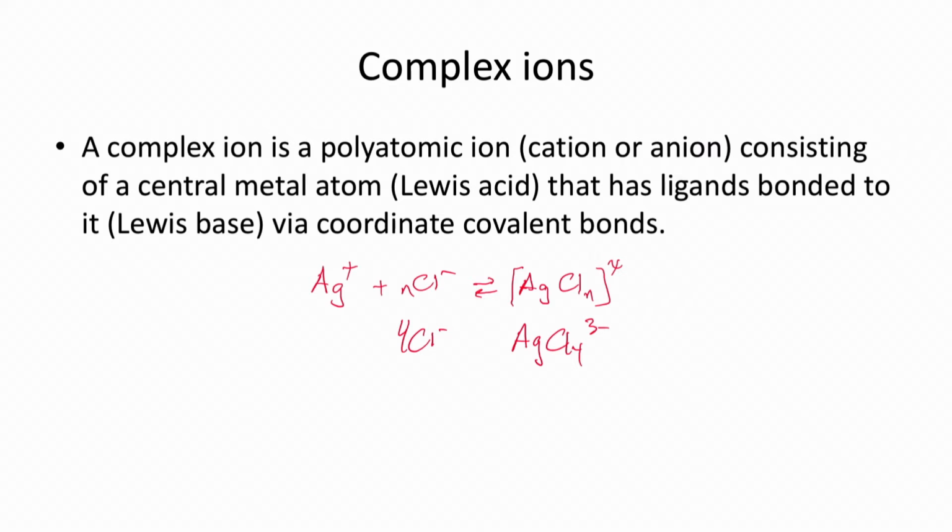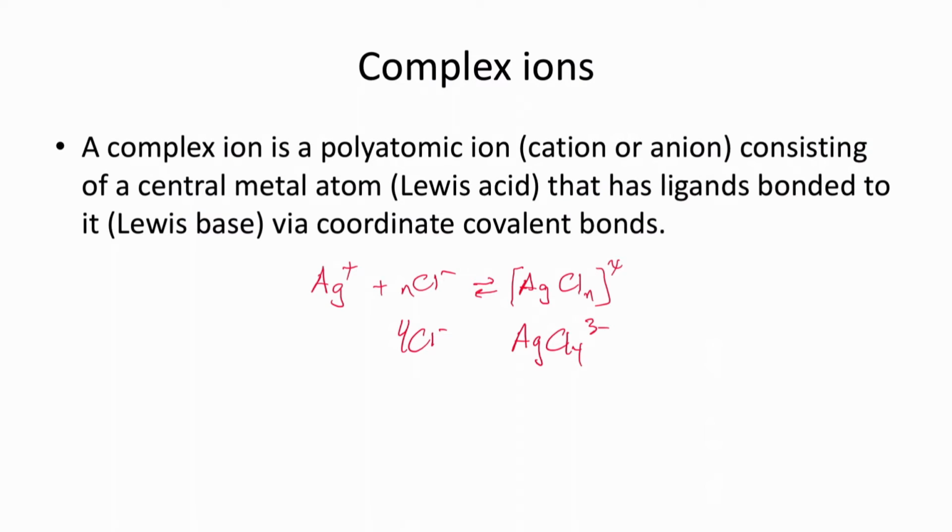These complex ions are really polyatomic ions. So there's a cation or an anion that consists of some kind of central atom, which in this case is the silver ion, a Lewis acid, or electron acceptor, and these ligands, which are on the outside, bonded to it via coordinate covalent bonds. In this case, the chloride ions are the ligands.